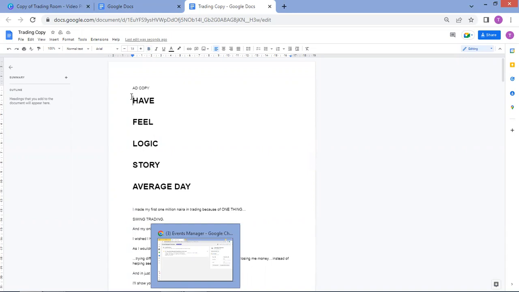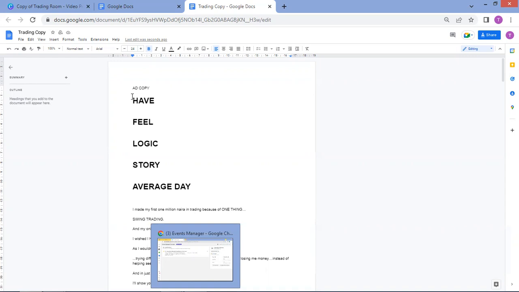The first one is have. Have means: what do they have in their life currently that they don't like? So in your market, your prospect might have losing trades. They don't like having losing trades, and they want to get to a point whereby they can trade consistently without losing money in the financial markets.